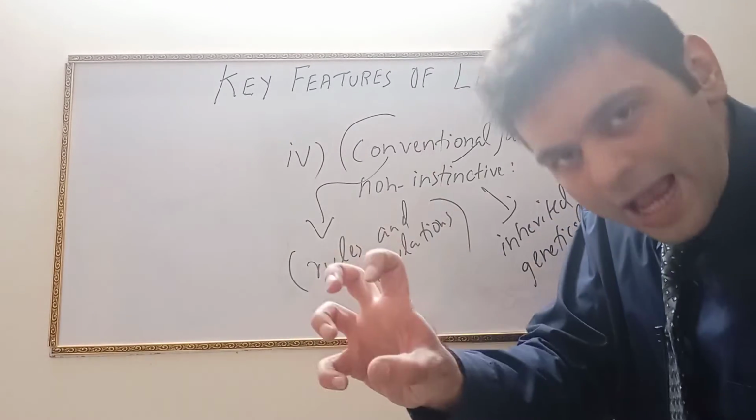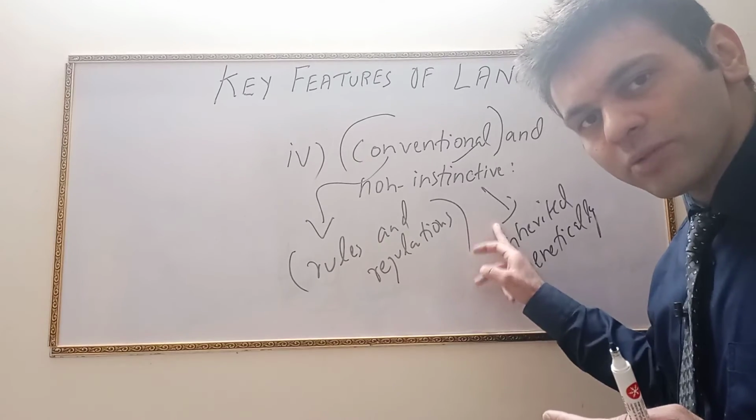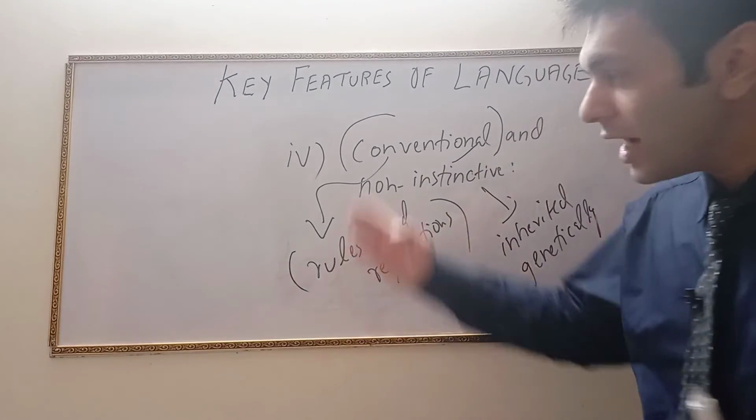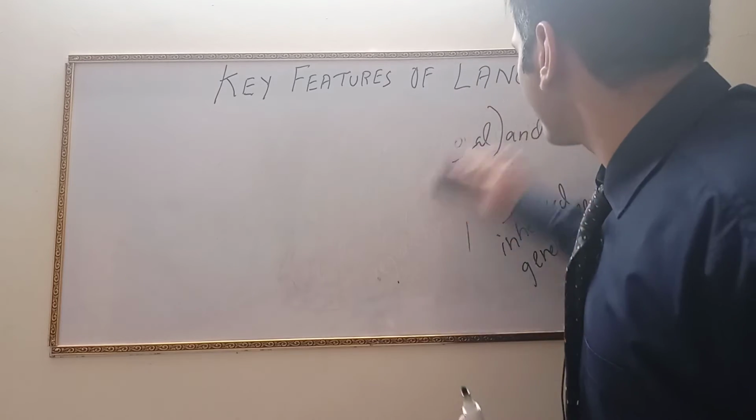So you must remember one thing: the animal communication system is completely different from human language. That's the fourth feature. Let's move towards the fifth.